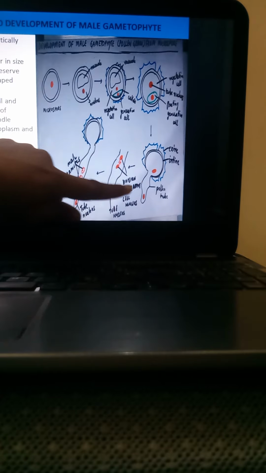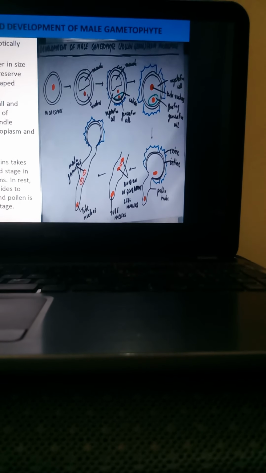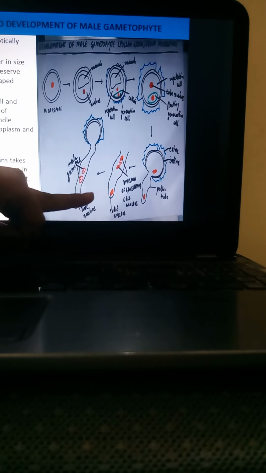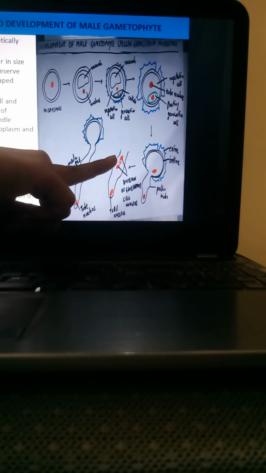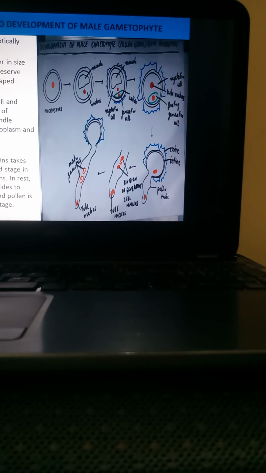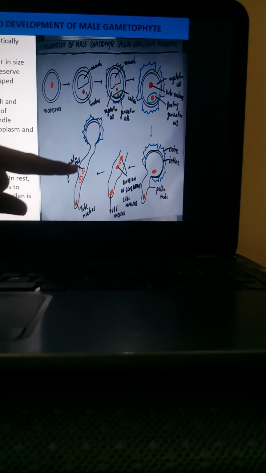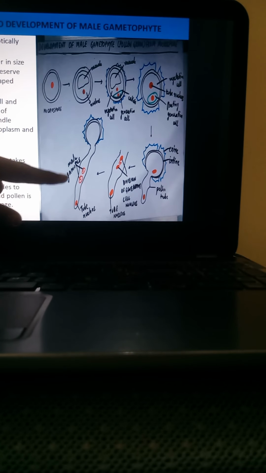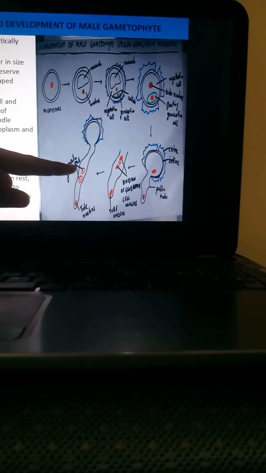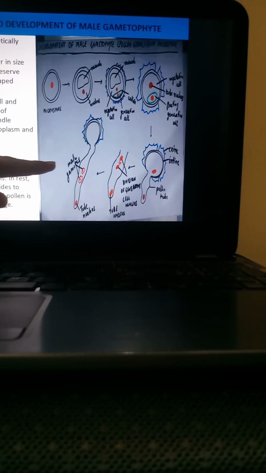As the pollen tube progresses through the style of the female reproductive tissue, this generative cell nucleus will be dividing into two male gametes. These two male gametes will be formed, and they will fuse, one with the egg cell and the other with the central cell, resulting in double fertilization.